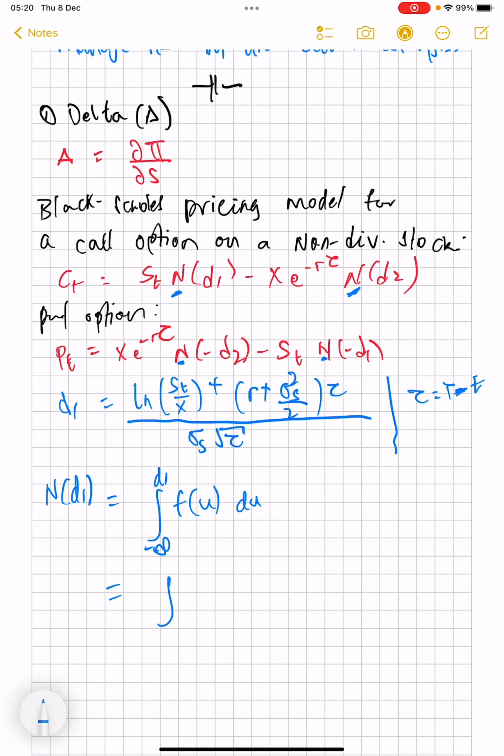Now I want to introduce it as a normal distribution. F of u for a normal distribution is 1 upon root 2 pi e to the minus u squared over 2 du.